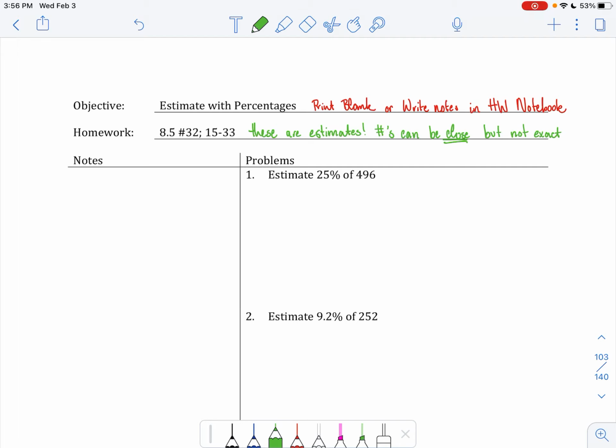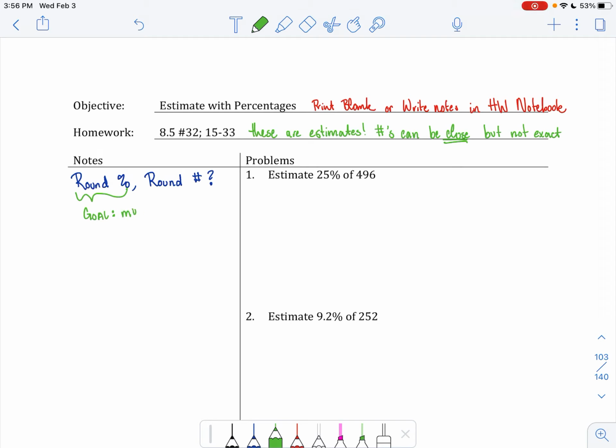So when we round with percents, we have a couple options. You can either round the percent, or you can round the number, or you can round both. So the question is, which of these do we do? Now, the nice thing with rounding the percent is that we want to have a goal of easy percents that we recognize.